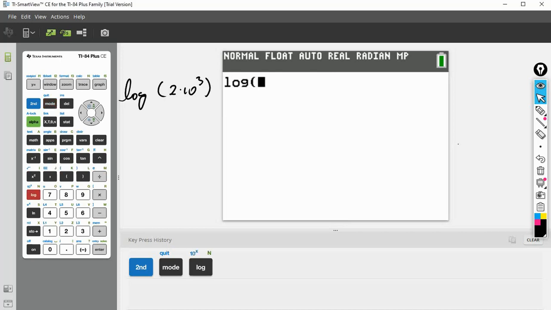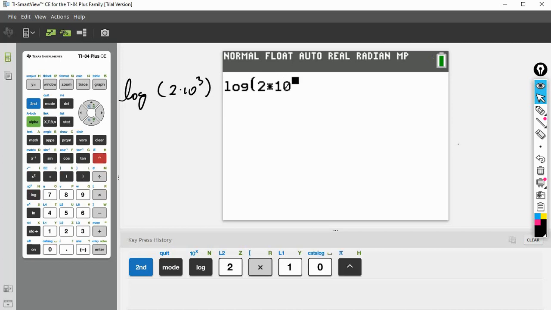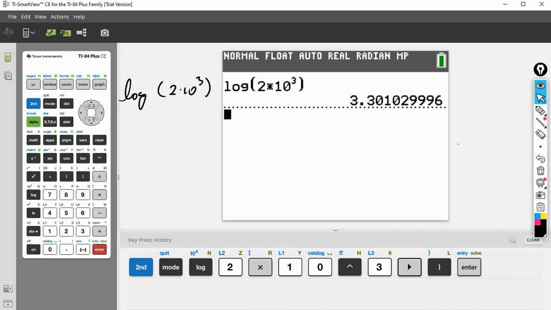So log is logarithm, base 10. Notice that they don't write base 10, but that's what it is. And then we type 2 times 10, power button, to the power of 3. Then we have to move it to the right a little bit, close the parenthesis, and hit enter. And we get 3.301.